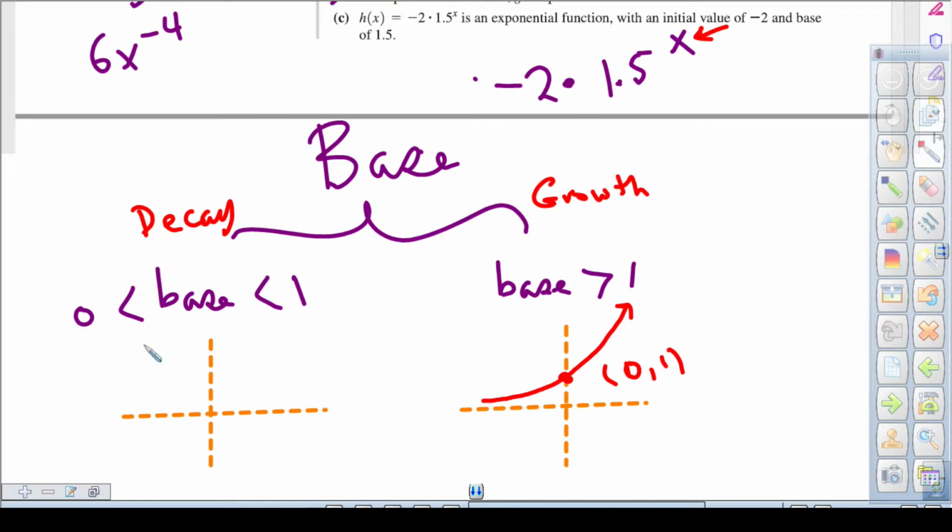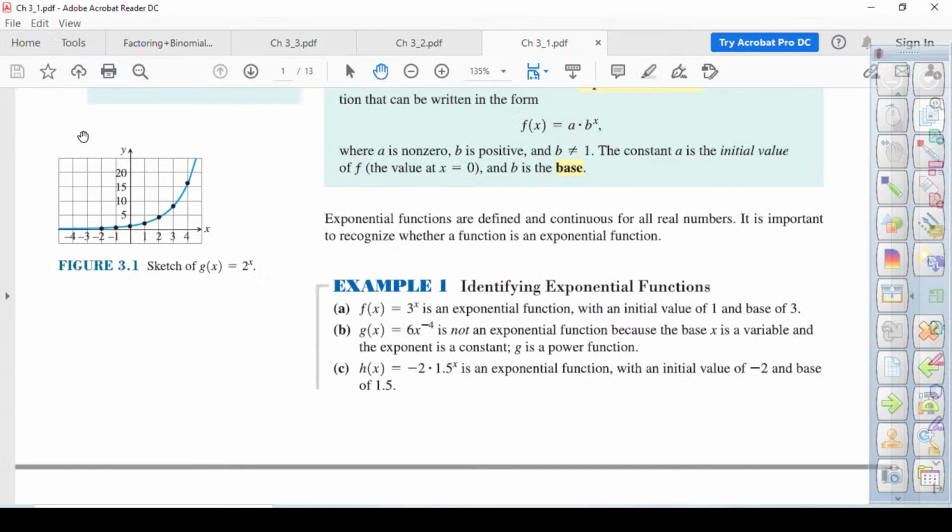Decay is the opposite: it starts very fast and then slows down closer to 0. You're decaying, through (0, 1). Okay, we call this decay, and we call this growth. It depends on the base.